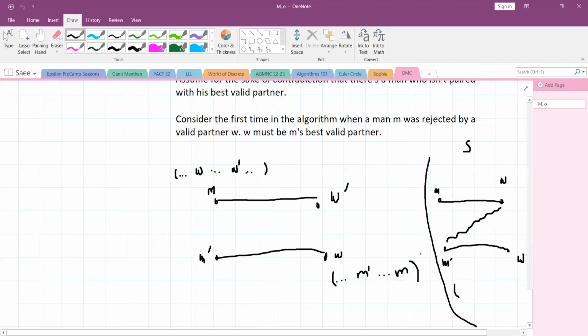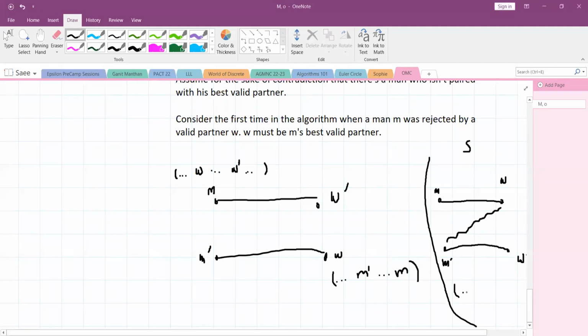Because of this, we already know that W likes M prime more. If M prime also liked W more, then M prime comma W would be an instability. It would be a contradiction. So M prime must like W double prime more than W.